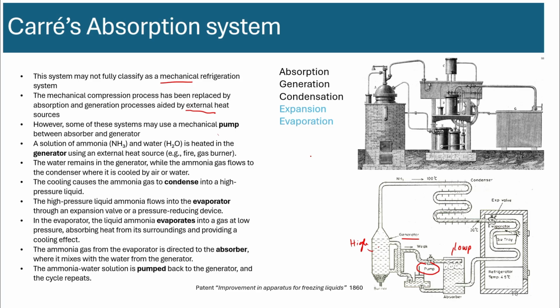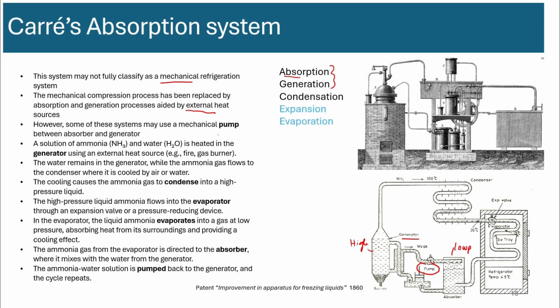They only need a heat source. They use other methods to achieve this transfer of fluid from the absorber to generator, which we can look at later. But one thing I would like you to focus on is that the compression process is replaced by two different processes, the absorption and generation.